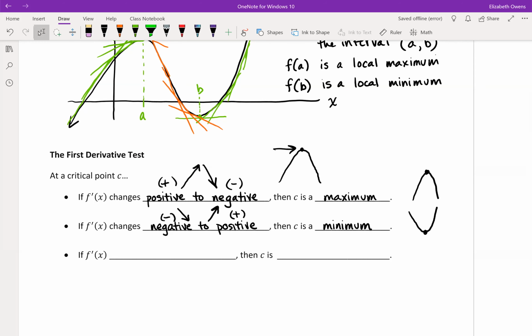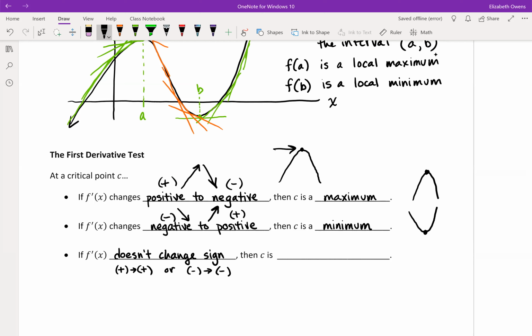All right. And then our last case scenario here in the first derivative test, if f prime of x doesn't change sign. That means it was positive and it stays positive, or it was negative and then it stays negative.